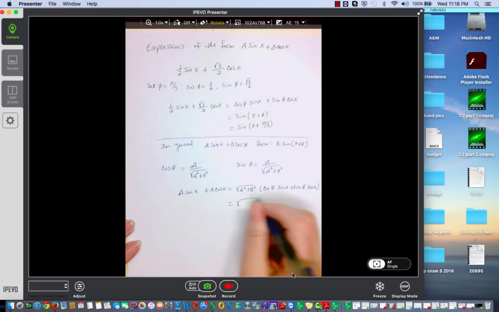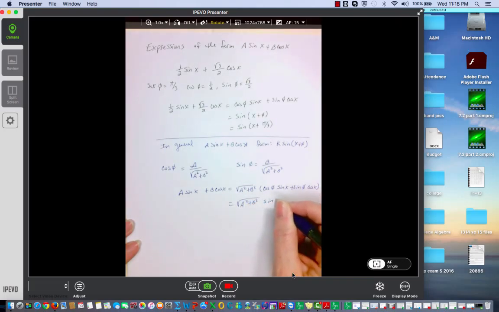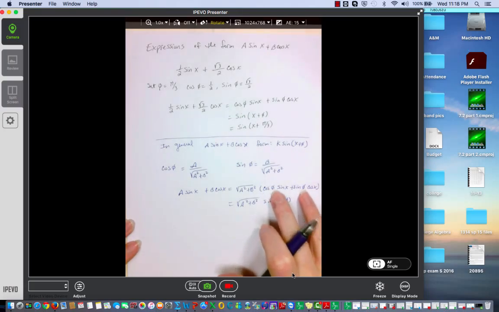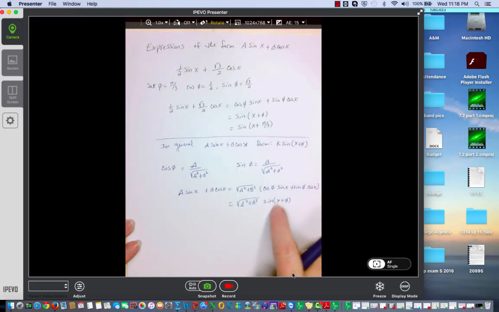So this would equal the square root of a squared plus b squared times the sine of x plus phi. Because this is the addition formula of sine, we can pull out our x and our phi. Well, what does this do for us? Well, this gives us the sums of sine and cosine formulas, which is what we are going to use next.